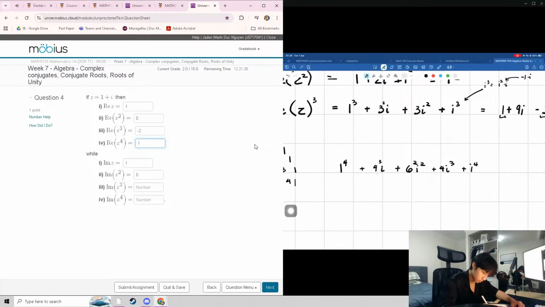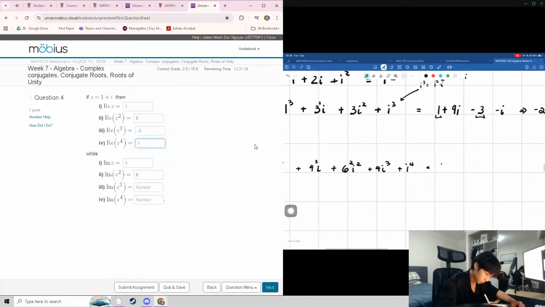So that's equal to 1 plus, that's going to be an i, this is going to be another 1, that's minus 36, right? And then that's going to be another i, and then this is going to be 2 minus 1.